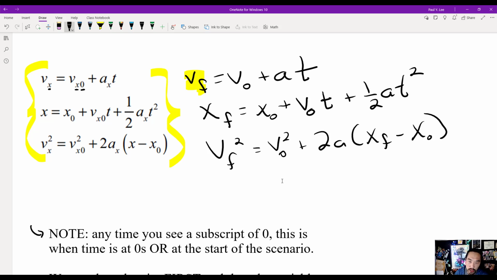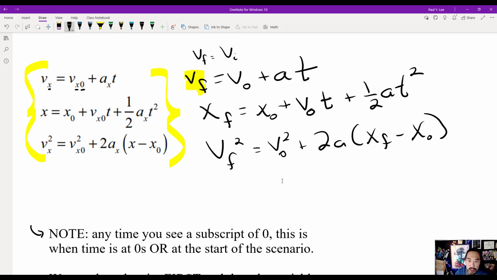In my version, I don't have that additional subscript. I just have the 0 there for initial. Sometimes you might see me write initial as i, but it's interchangeable. And we have a, which does not have a subscript, and we have t. The reason why I went over the variables individually is because there is some multiplication involved.